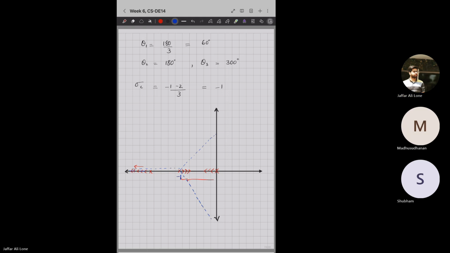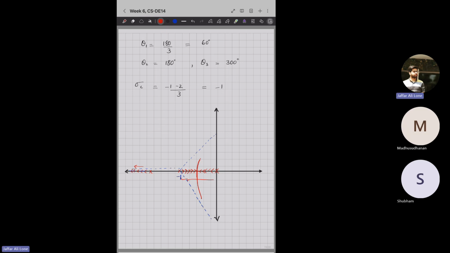Now, see, this root locus always starts from a pole and terminates at a zero. When the root locus starts from here, and it is between two adjacent poles, then there is a break point, because the root locus will come here, and they will strike, and then go to infinity, right?